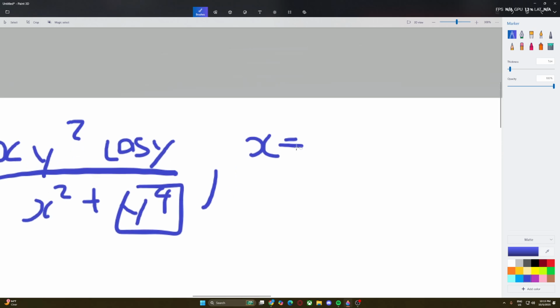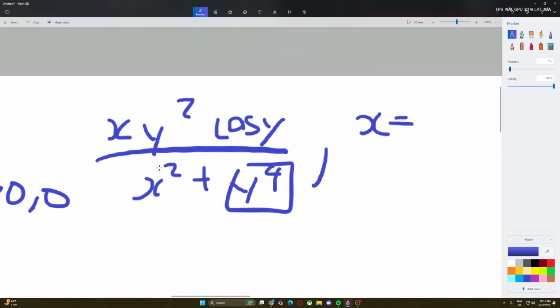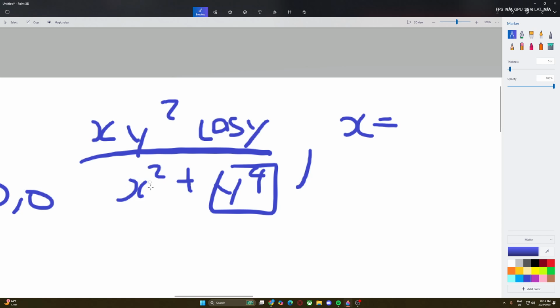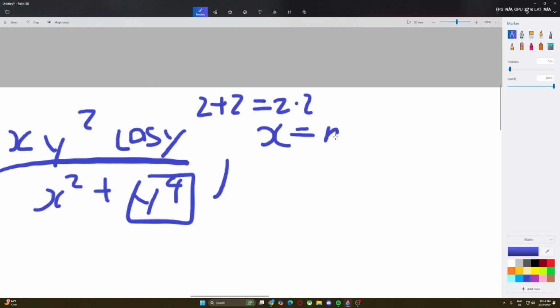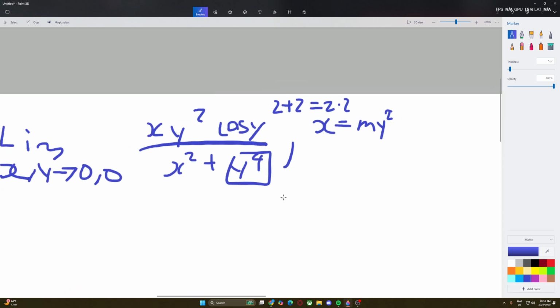The best way to do that was to look at these two squared terms. If they were both the same variable and I managed to make them both to the 4th power, that would be really nice. And lucky me, 2 plus 2 and 2 times 2 are the same thing.